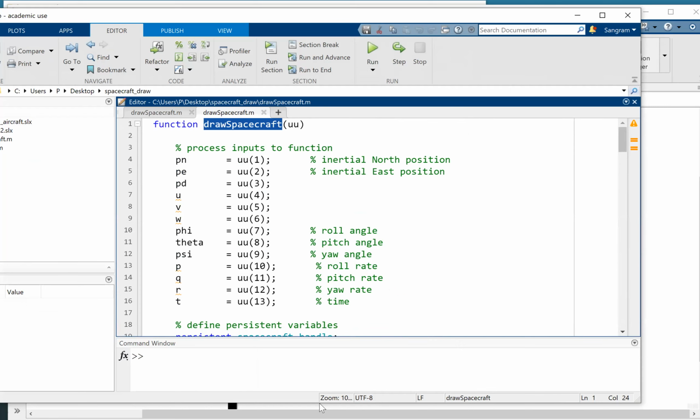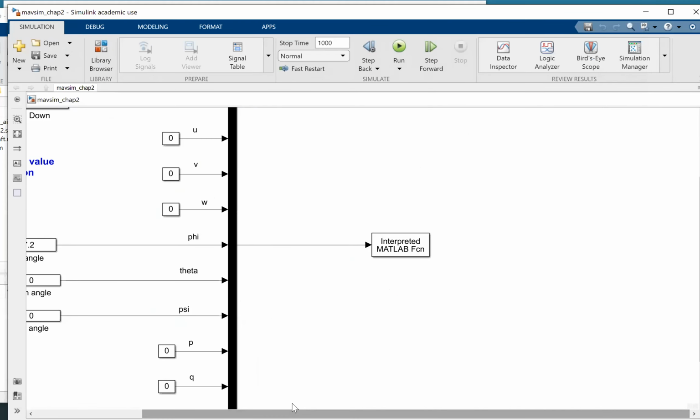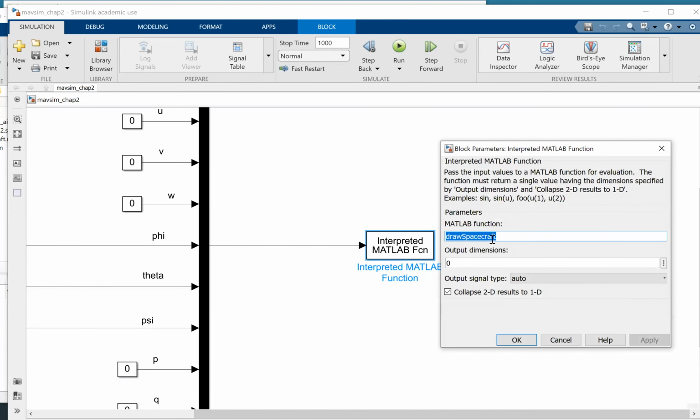So what I do is I go back to MATLAB. I'm looking for, and double click here. So I say, what is the name of the function? That is draw spacecraft.